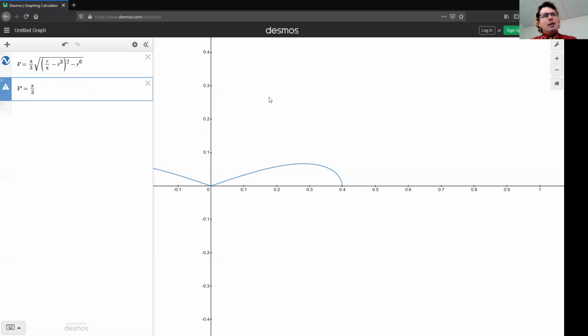In fact, I know this will be 1/2 times that square root to the -1 power. Or I could say this is 1 over that square root.